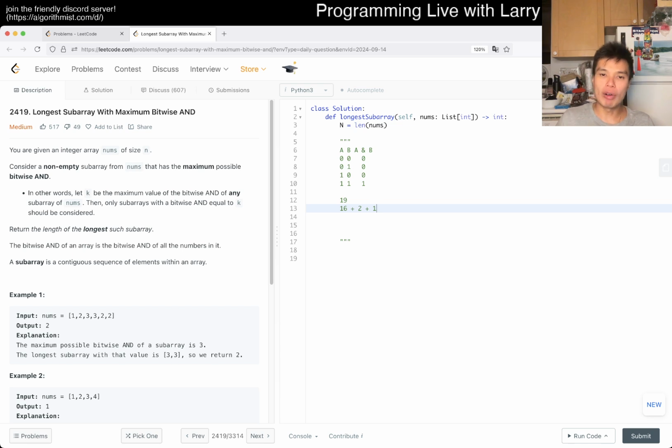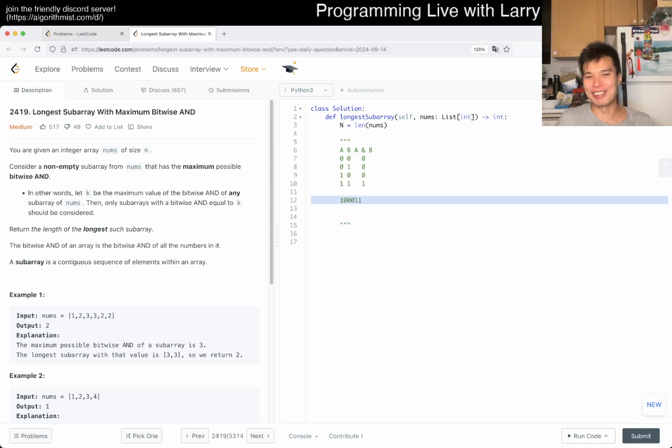What happens? All the positions that are 0 in one of them, you already know are going to be 0 in the end result. So we want to AND some number.